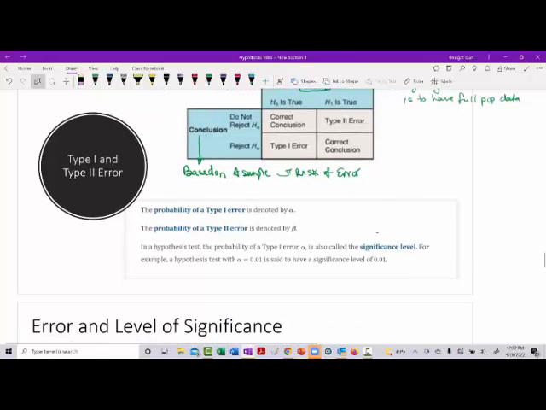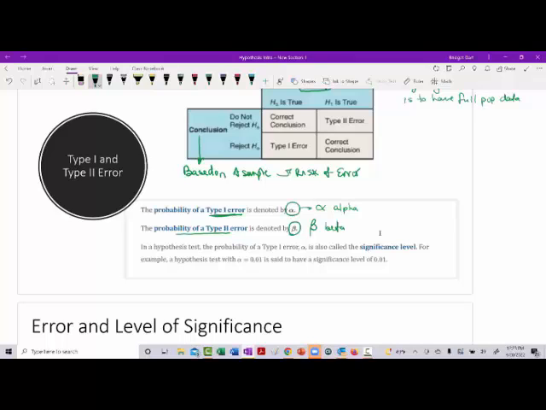And so we want to know how likely we are to have gotten it wrong. The probability of a type 1 error is denoted by the Greek letter alpha. I draw it like this. It's the Greek letter alpha. And the probability of a type 2 error is denoted by the symbol, this guy right here. This is what mine looks like. That's the Greek letter beta.